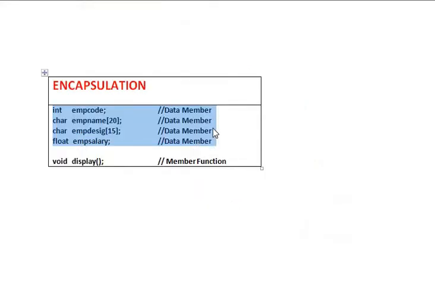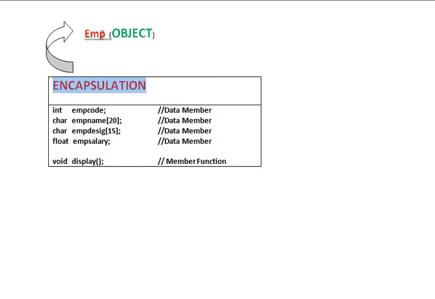So the data members and the member function have been bundled together into a single unit to form an encapsulation, and this encapsulation shall be bound to this object emp. As a result, these data members and this member function shall operate upon this object.